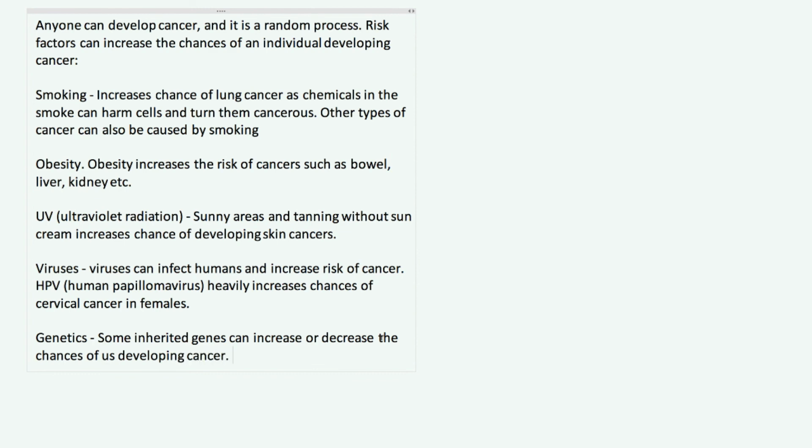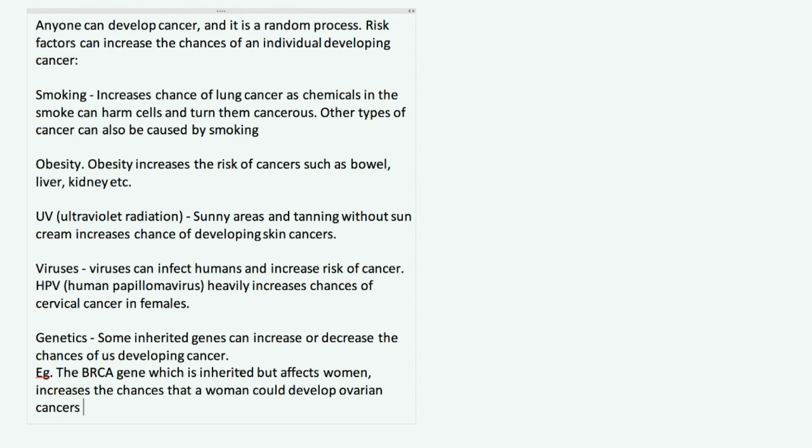For example, the BRCA gene, which is inherited but affects women, increases the chances that a woman could develop ovarian cancer or breast cancer.